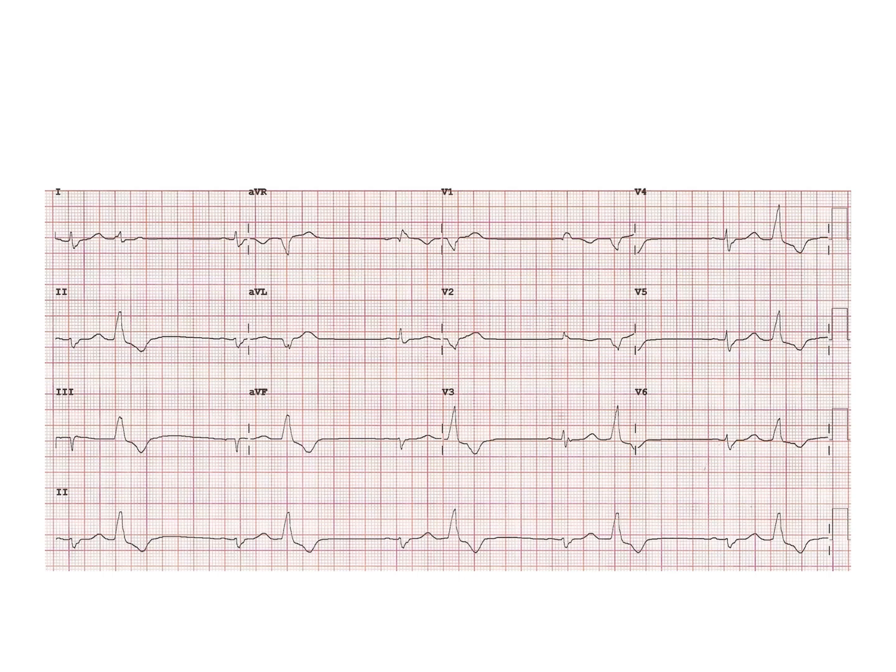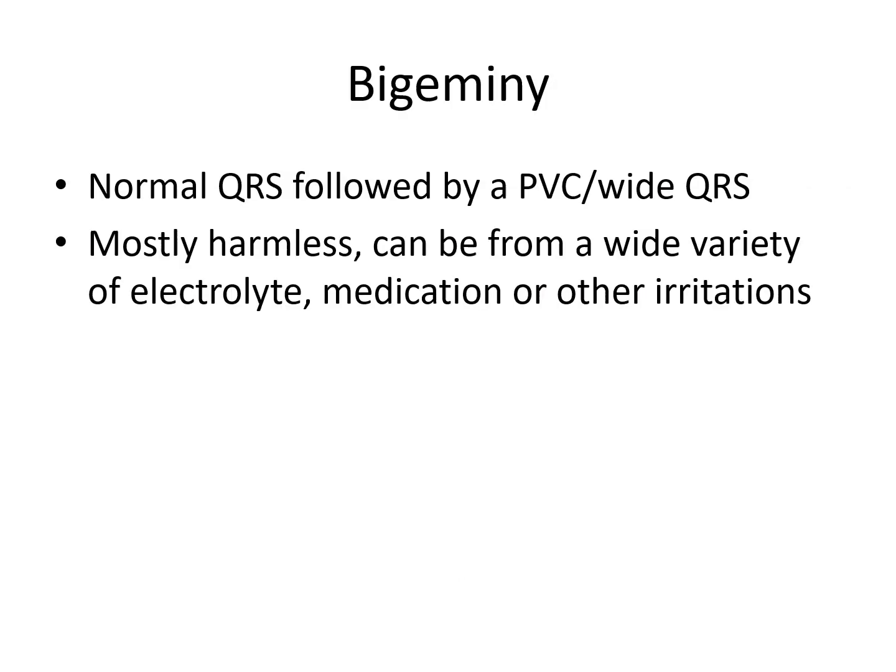And in this particular case, it is happening after each and every normal QRS. So the easiest way to think about it is just a regular appearance of a PVC in a fixed ratio to the QRSs.